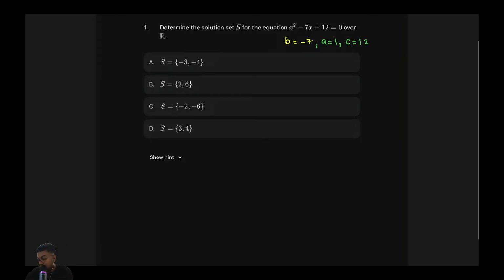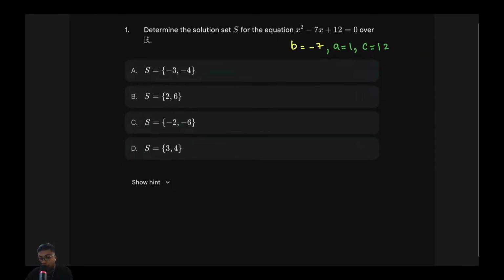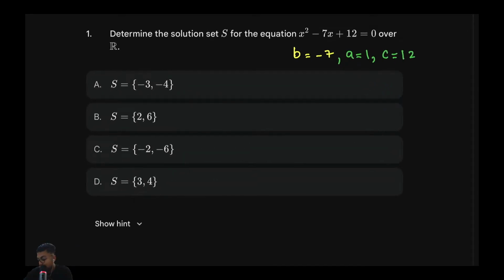So here, x should be what? Should be negative of negative 7, plus or minus square root of negative 7 squared minus 4ac, which is 1 times 12, over 2 times negative 7.